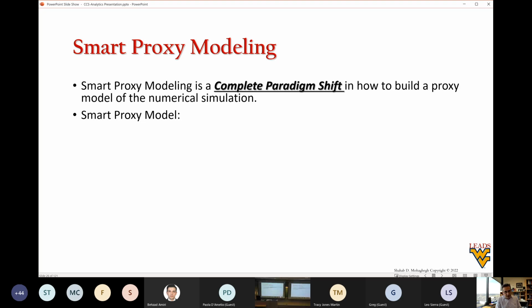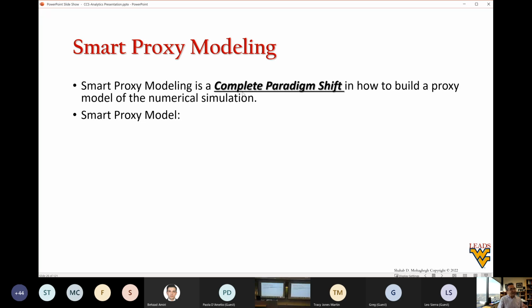Because if we do not correctly understand what traditional proxy models are, then smart proxy models don't play a big role. But now that we know what those are, smart proxy is very different from traditional proxy modeling.